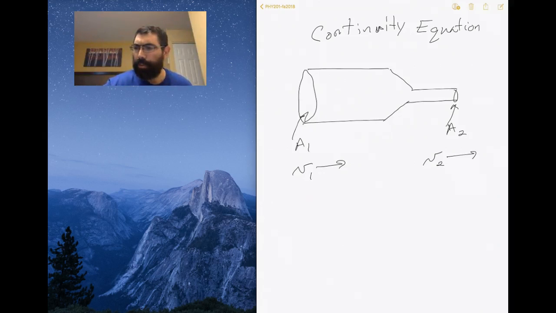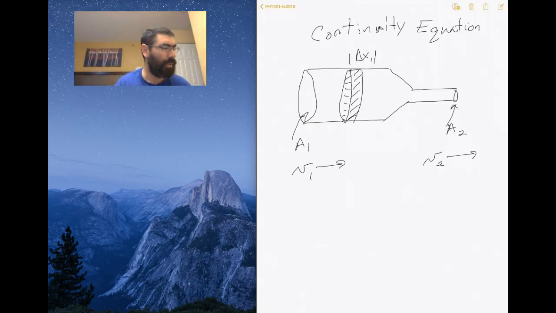And to do this, we're going to consider a volume of fluid like so, which has a thickness delta x1 and a mass m1.